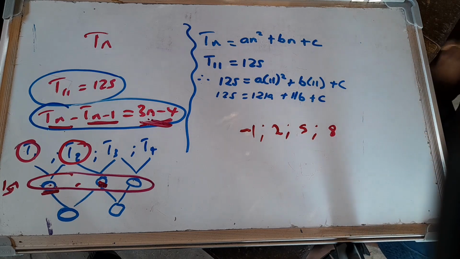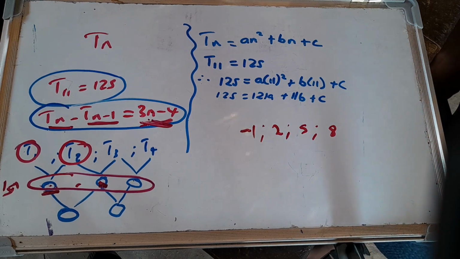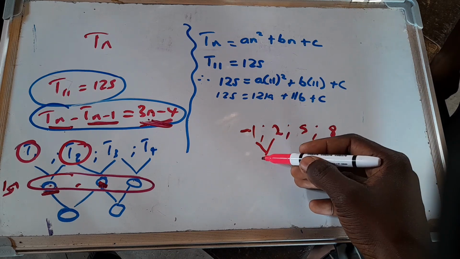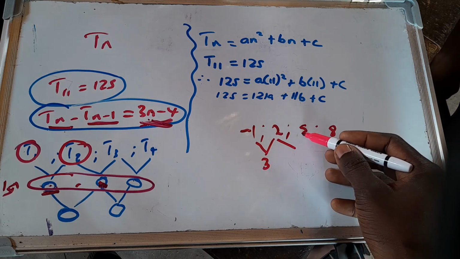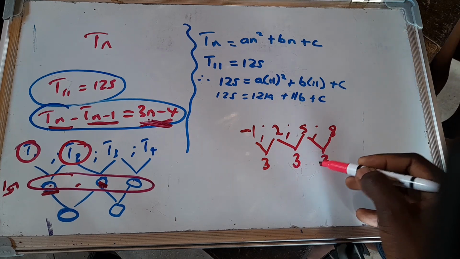So this is the first difference of this sequence. Now we can find the constant difference. This minus this gives us 3, this minus that gives us 3, and this minus this gives us 3.